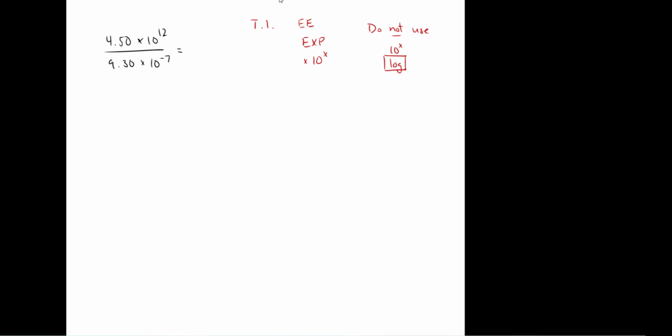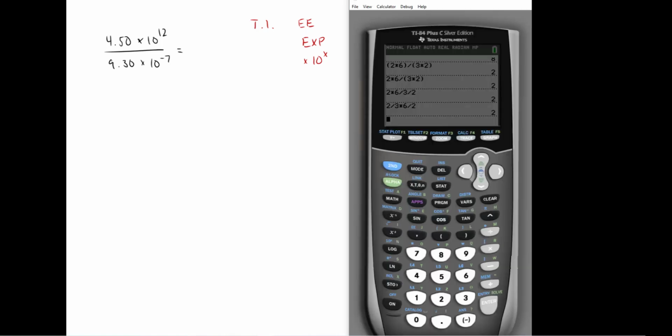And that is because sometimes you will encounter errors. It tends to work on most calculators about 90% of the time, but I've noticed that students run into problems when using that. So you want to really restrict yourself to using the button that says EE or EXP. That's what it's designed for.